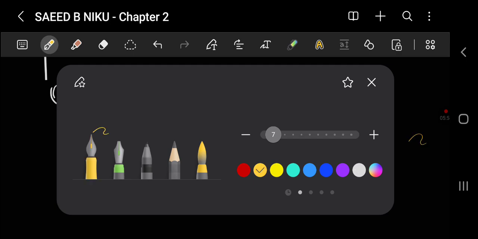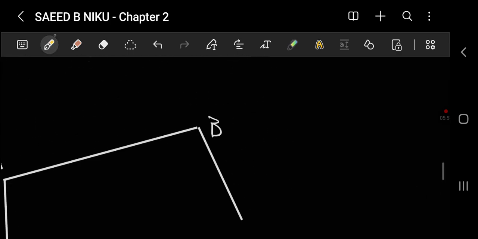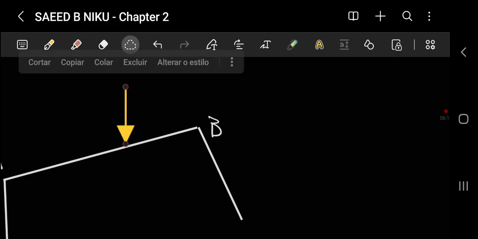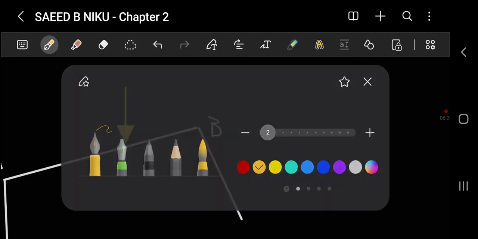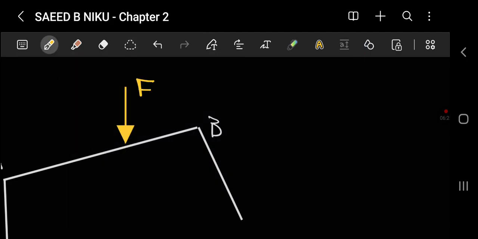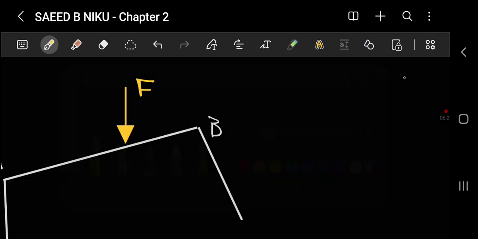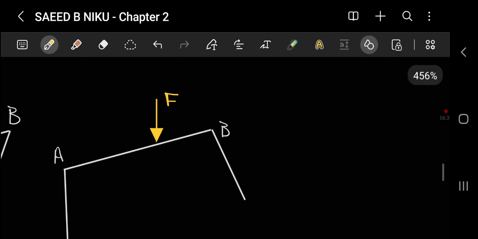Now, let me draw this, trying to make an effect like it's moving. So if we apply some force on this bar, let's say we are applying a force right here, this structure is going to move.